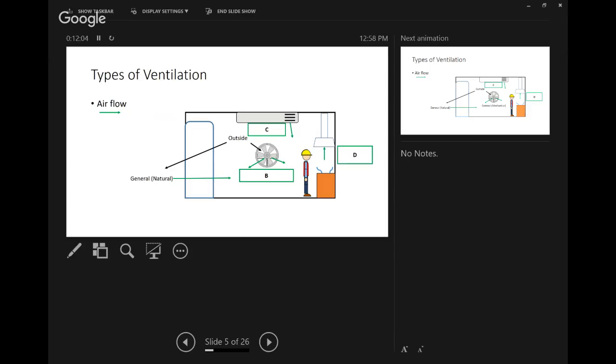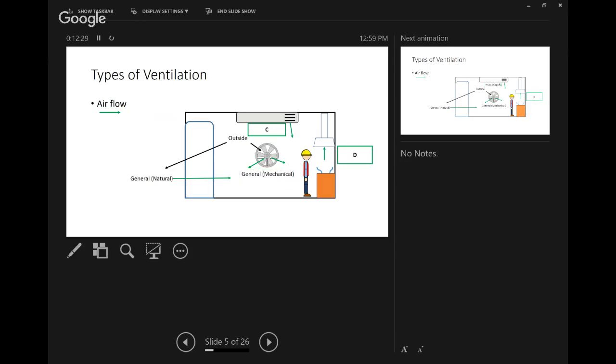What about this B? What do you think from the fan? Well, so C will be HVAC. It would also be a type of general dilution ventilation, but it's more active, I guess you could say.